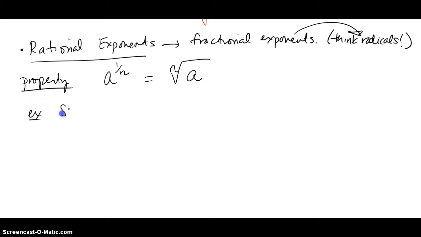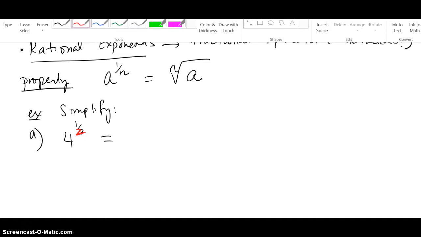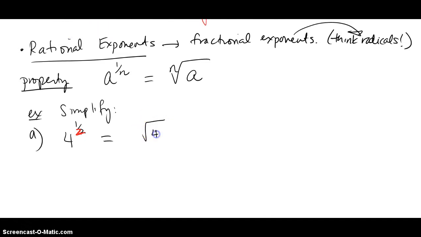For example, let's say we have to simplify 4 to the half. Well, anytime you have 4 to the half, this implies the root is whatever's in the denominator. So I'm looking at the square root of 4, which is just 2.